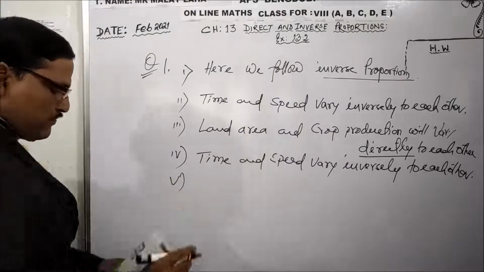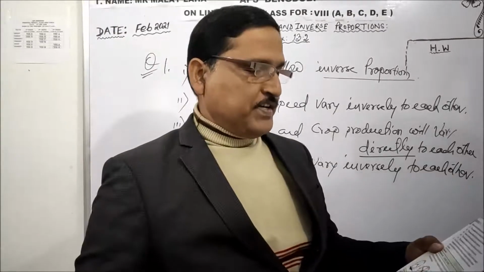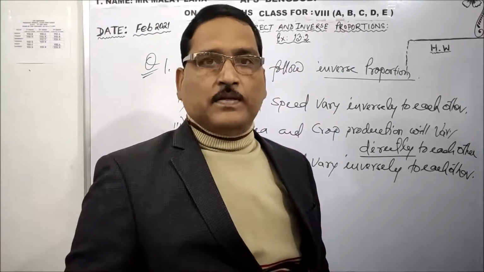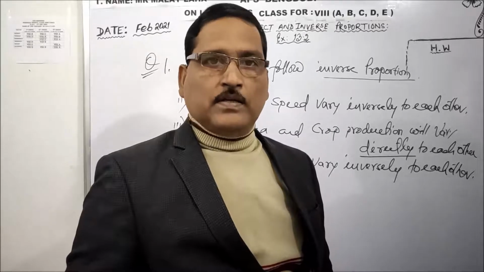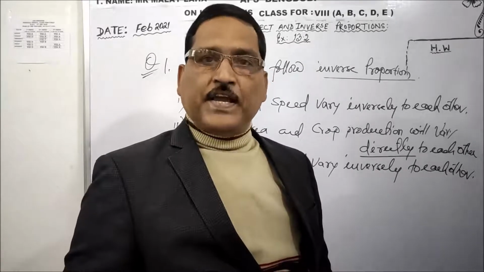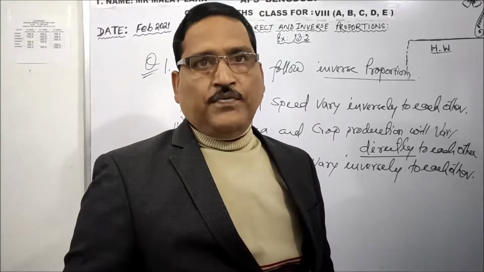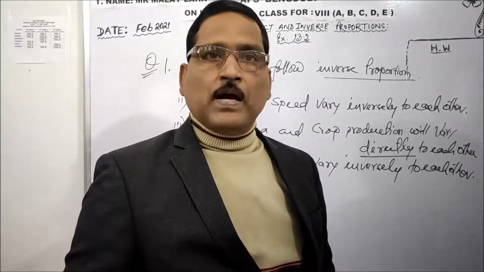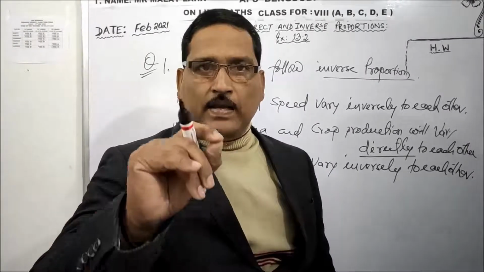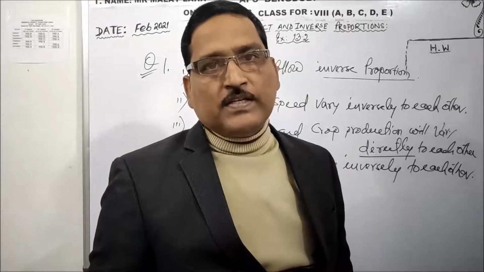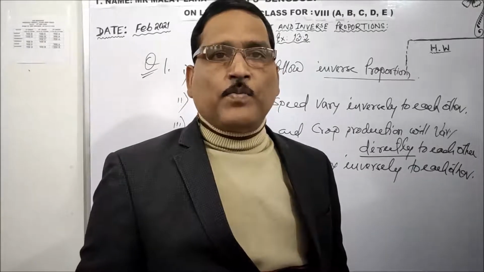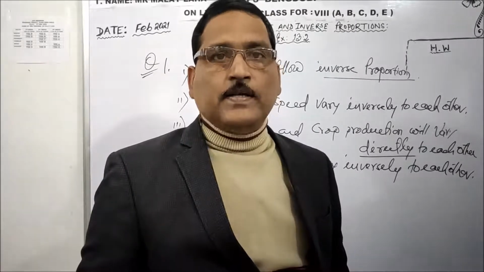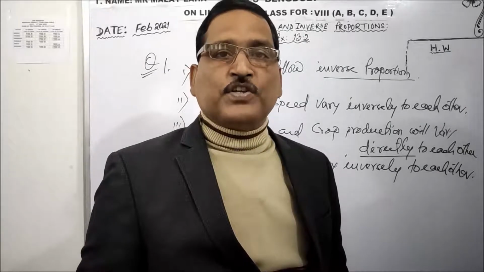Now next, 5. The population of a country and the area of land per person. What is the meaning? India, or your country, and its area is fixed. Now if the number of people increases day by day, then the land allocated per head for this country will gradually decrease. Earlier, when our country got independent, the population was 33 crore.